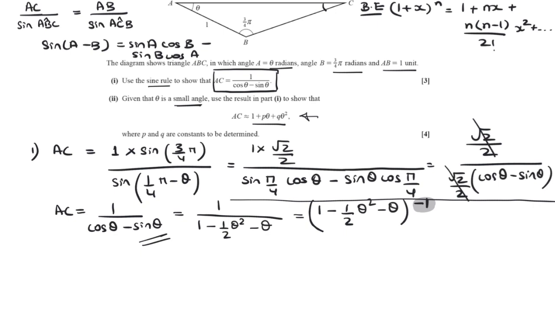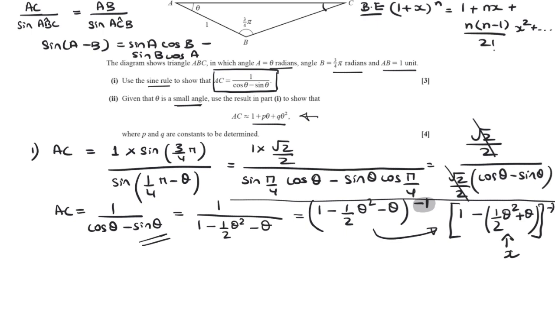One thing we have to do is figure out what our x is. For x, I'm going to rewrite this as half theta squared minus theta. So I'm expanding 1 minus x to the power of n.